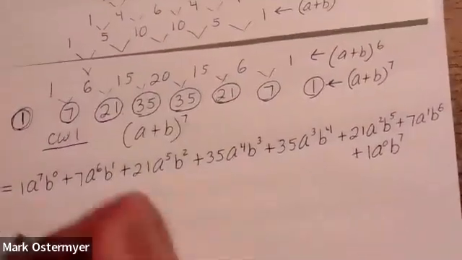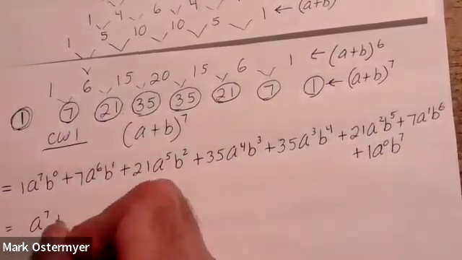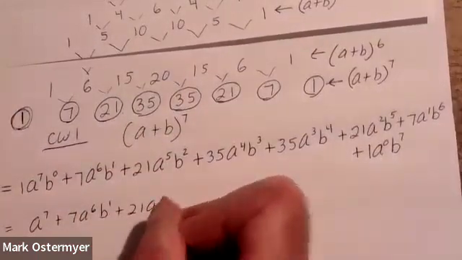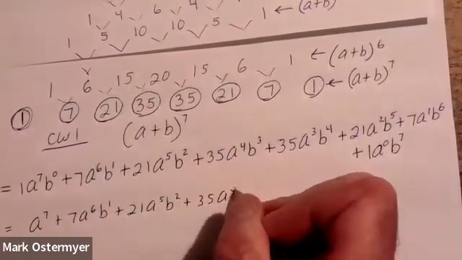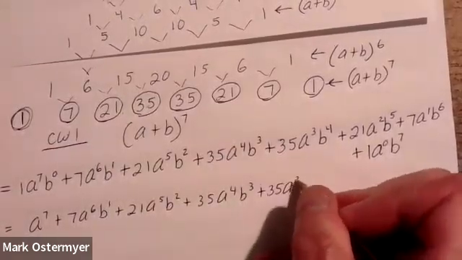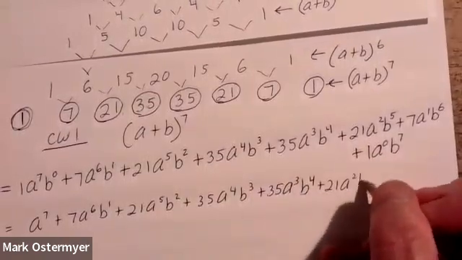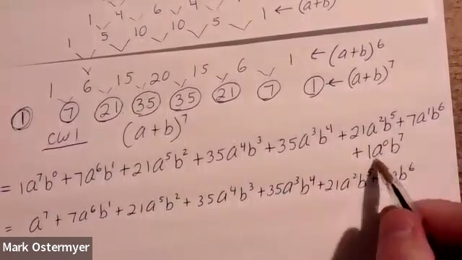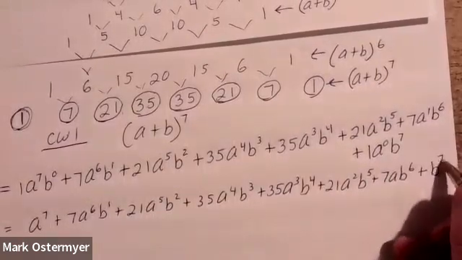Cleaning up this expansion here, b to the 0th power is 1, so this is really a to the 7th, plus 7a to the 6th, b to the 1st, plus 21a to the 5th, b squared, plus 35a to the 4th, b cubed, plus 35a cubed, b to the 4th, plus 21a squared, b to the 5th, plus 7a, b to the 6th, and a to the 0th power is 1, so this is plus 1b to the 7th at the end.